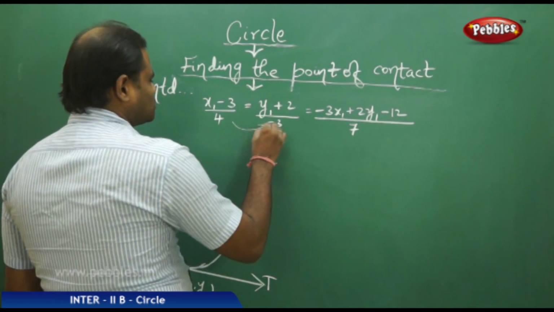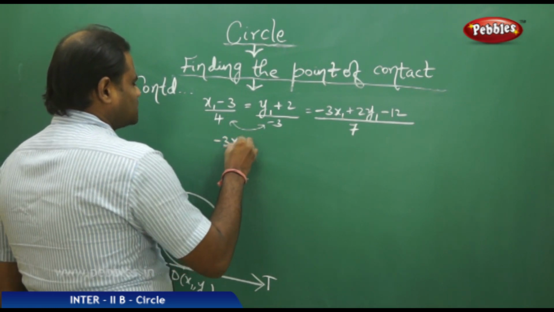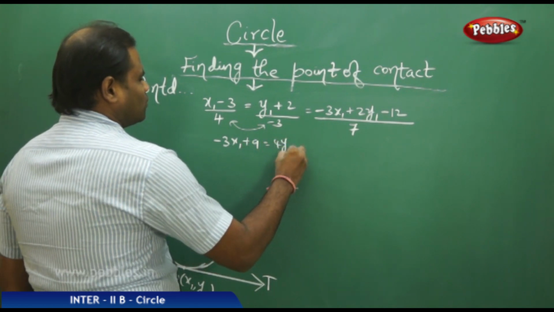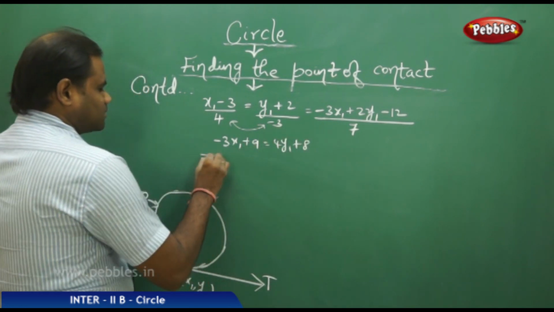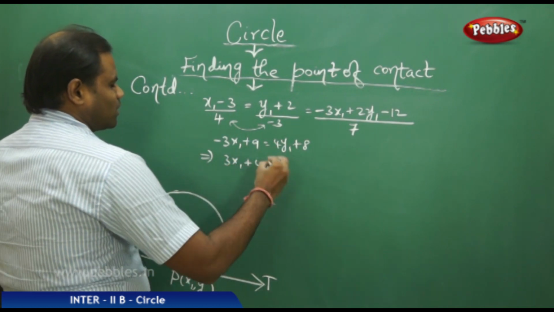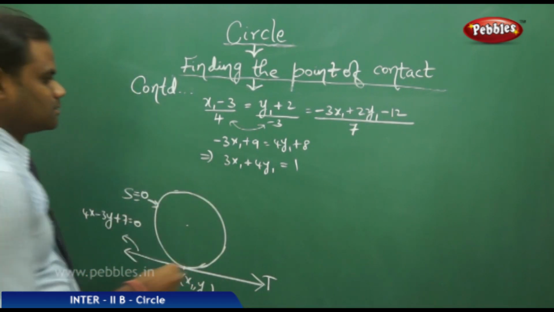So as I take these two equations, I have in cross multiplication minus 3x1 plus 9 as 4y1 plus 8. This is 3x1 plus 4y1 is 1 on arranging the terms.